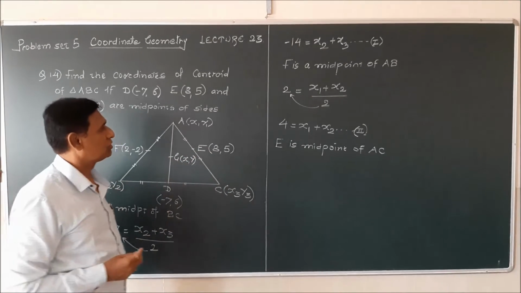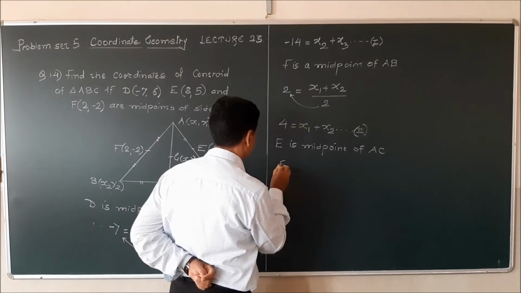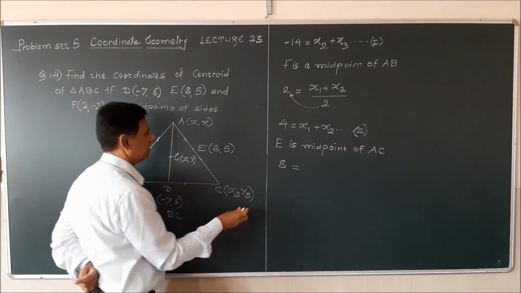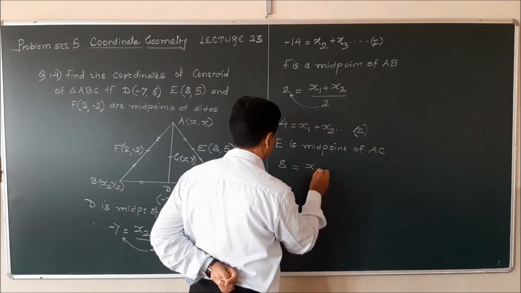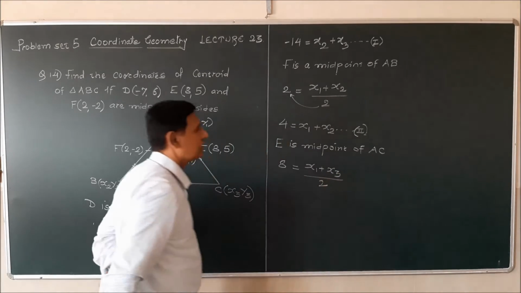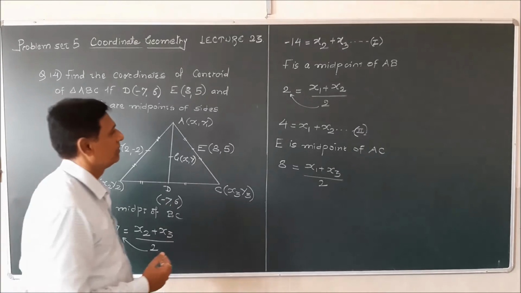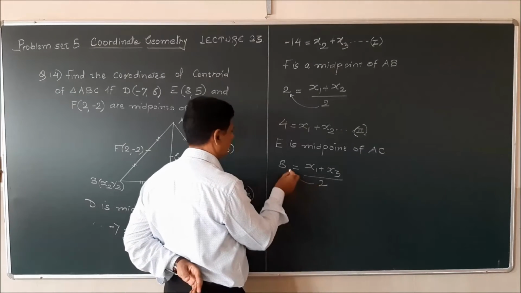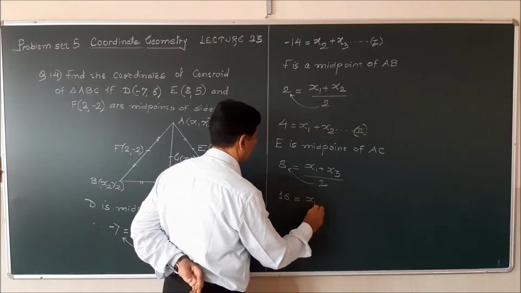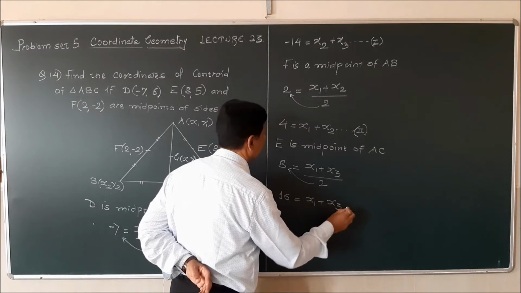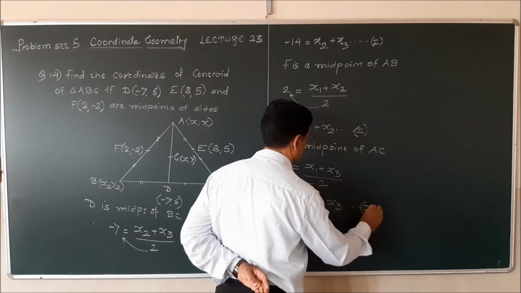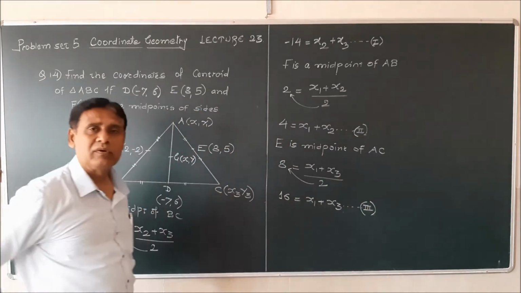So 8 is equal to x1 plus x3 upon 2. Same procedure, right? Now if I transfer to the left hand side, 16 is equal to x1 plus x3. This is our equation number 3.